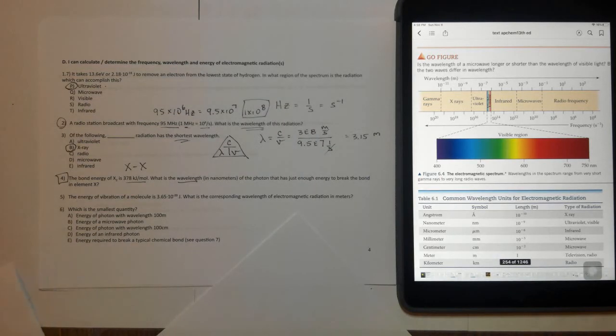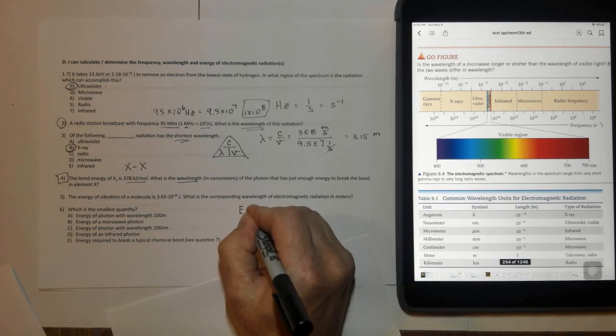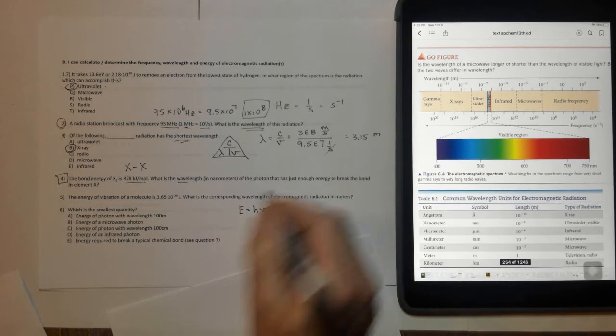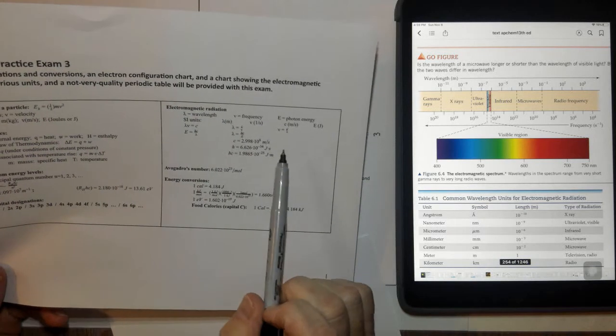So the bond energy right here would be found by using the equation E equals h nu, and if you don't remember that equation, you can look it up right here on your little equation chart.